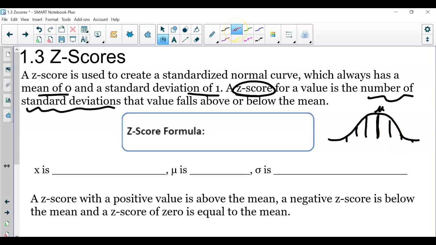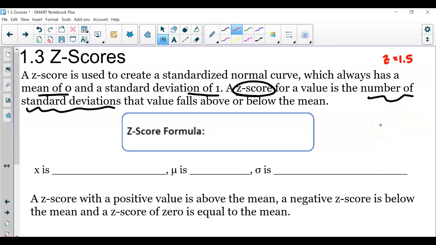So for example, if I get a value that ends up with a z-score of 1.5, that means that it is 1.5 standard deviations above the mean. So that's what the z-score represents. And it's just standardizing when you need to ever compare different values.